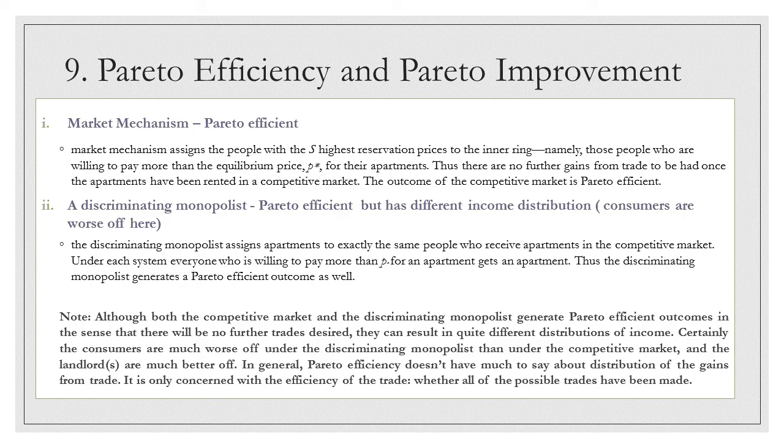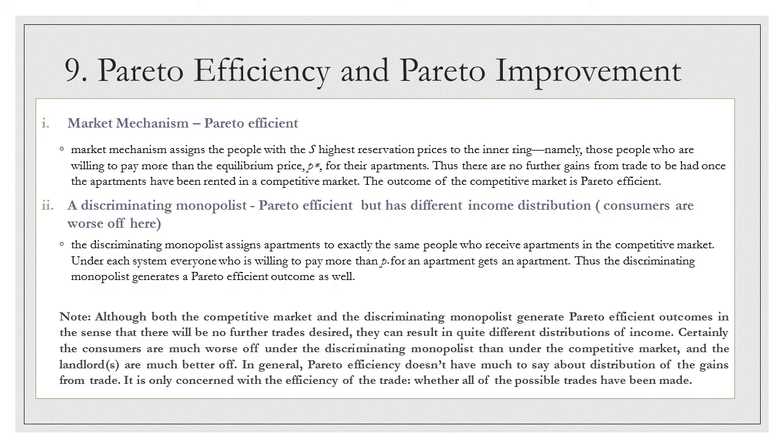But the point to be noted is that although both the competitive market and the discriminating monopolist generate Pareto efficient outcomes, in the sense that no further allocation of the apartments is possible, they can result in quite different distributions of income.